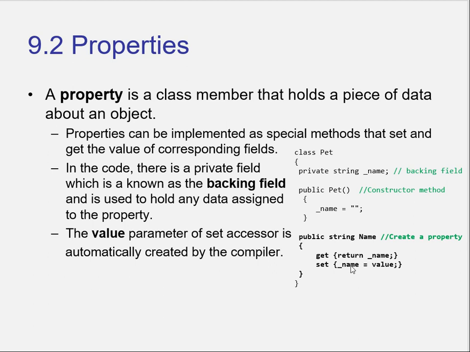This is the backing field I'm talking about that's internally used, and in turn that backing field gets a value and returns it to the property name, and hence that's what allows us to set a name and get a name. So it's allowing us to enter a name and then assign the name. They refer to this as getting and setting, or set the name and then get the name. All right, so that's a little bit on how this property works.